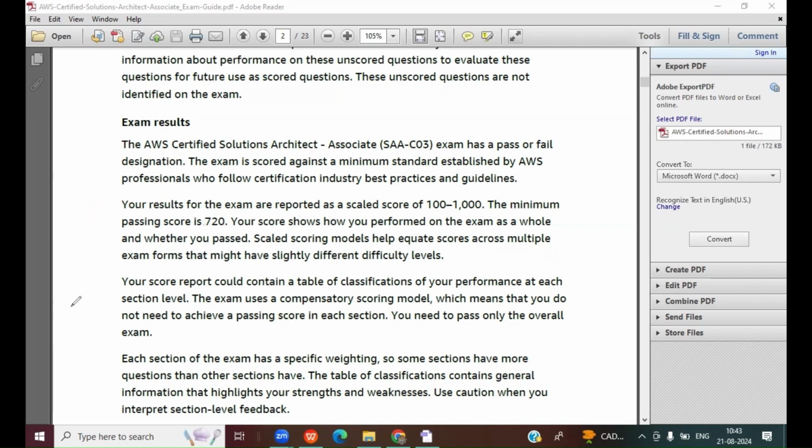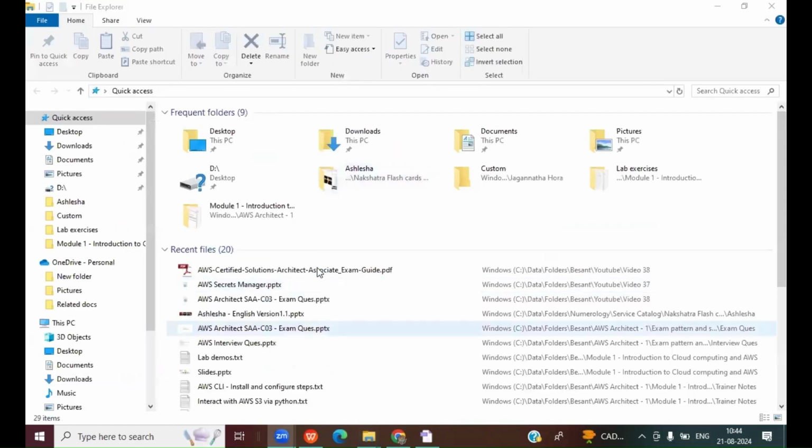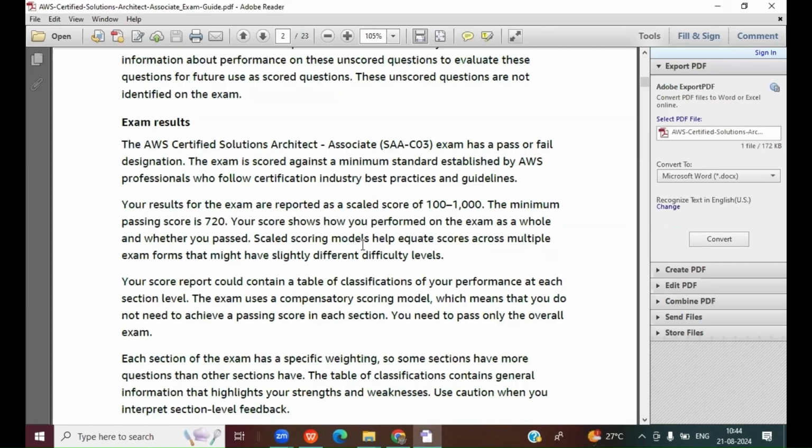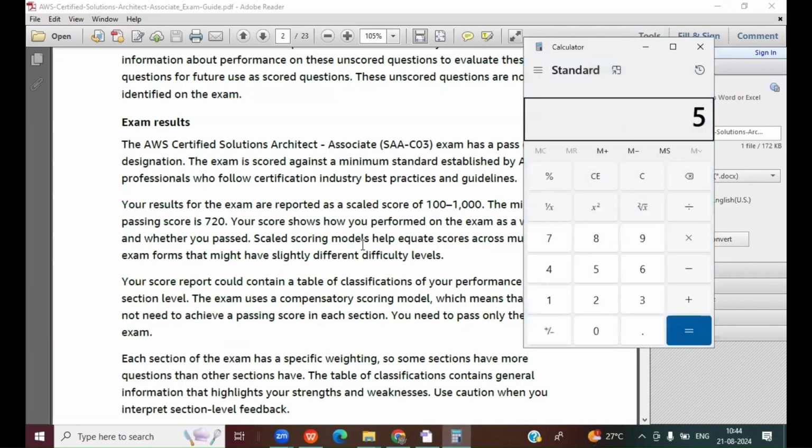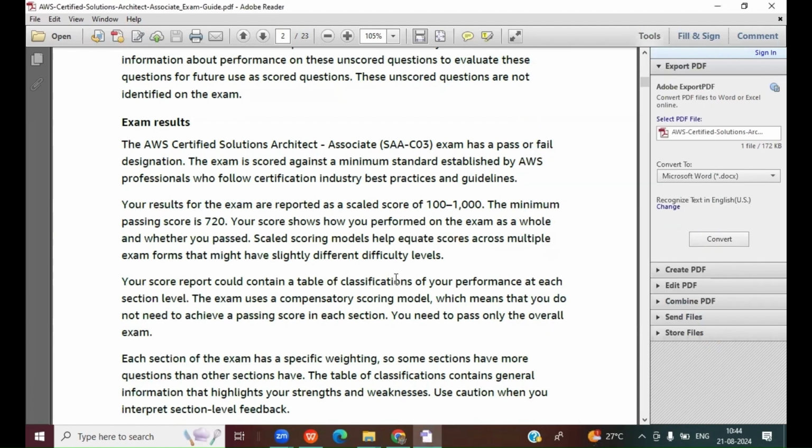So if 50 questions are accounted for the exam, what would be 72% of 50? You need to have at least 36 questions correct out of 50 in order to pass the certification exam.